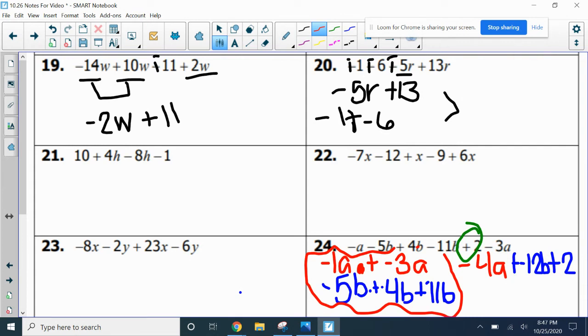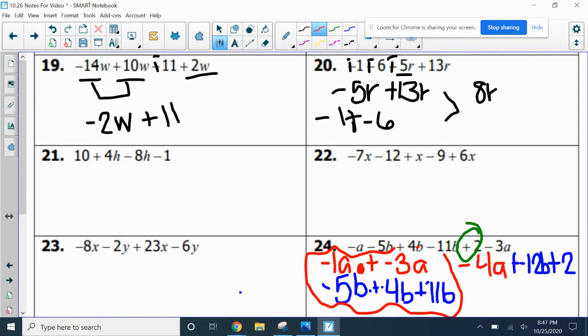So negative 5 and positive 13. Don't lose your r, because otherwise you're going to think it's a constant and combine the wrong things. Negative 5 and positive 13. Again, negative, positive. Subtract and keep the sign of the larger absolute value. 13 minus 5 is 8. 13 is bigger, so it's positive 8r.